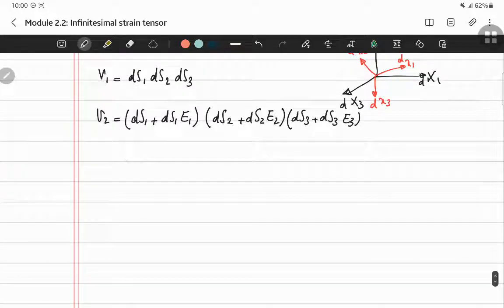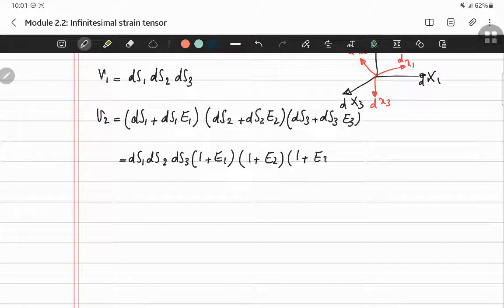Or simply, we can factor out ds1, ds2, and ds3 times 1 plus e1. This is the initial, and this is the change in deformation, times 1 plus e2 times 1 plus e3.